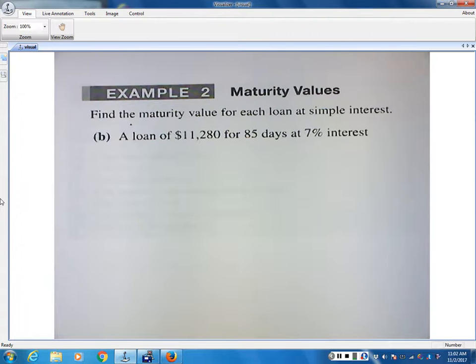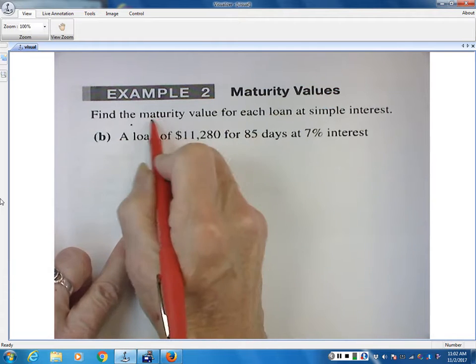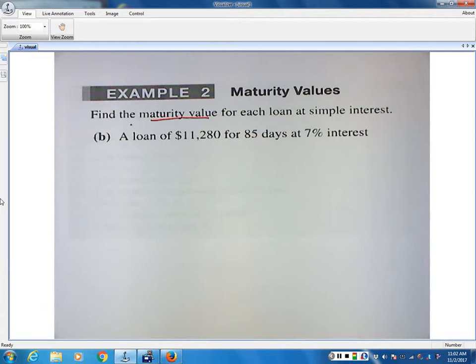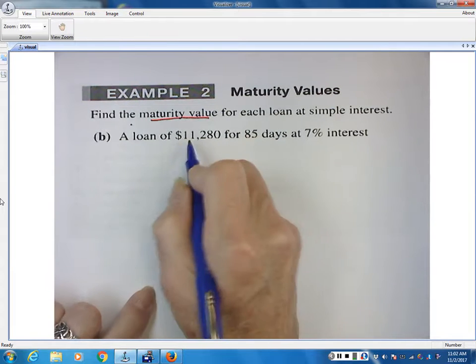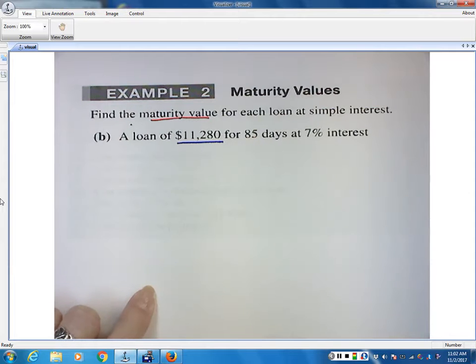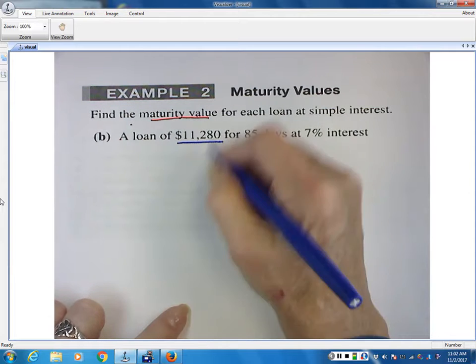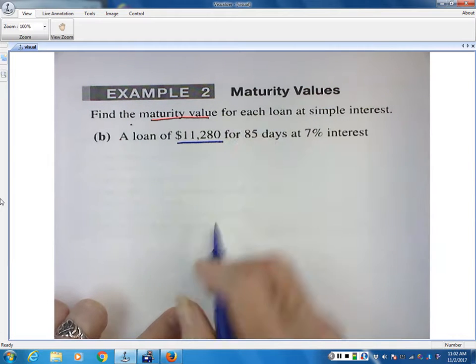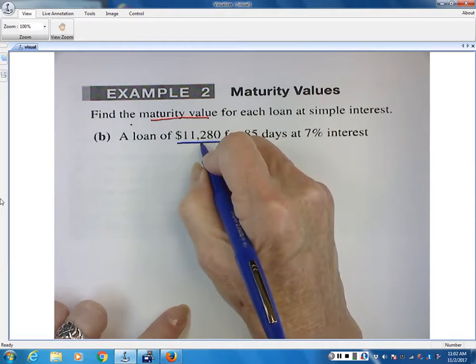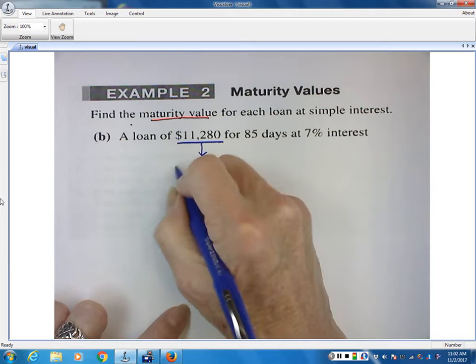So part B says find the maturity value, which is A, for a loan of $11,280. Maybe somebody bought a car. So that's your present value.